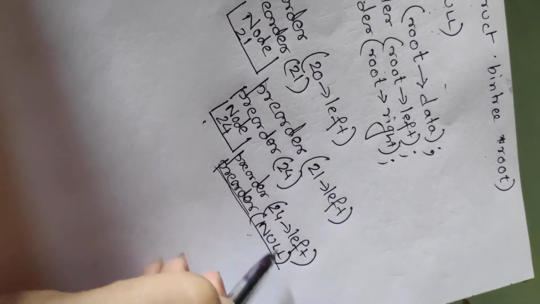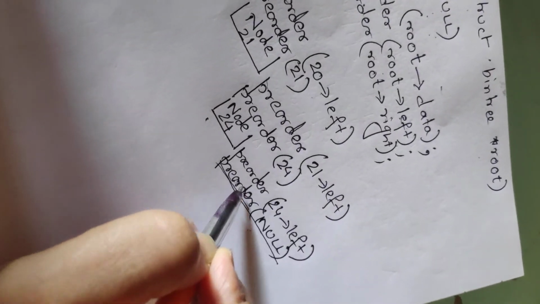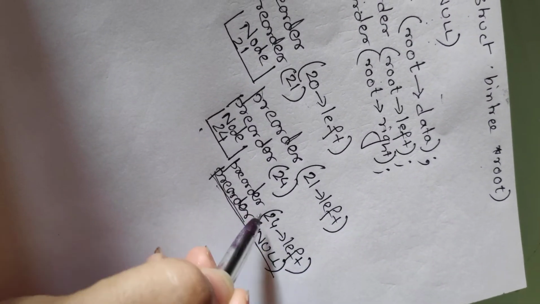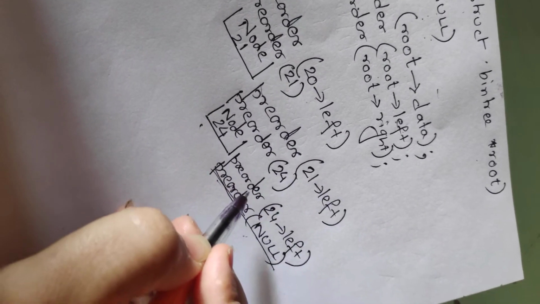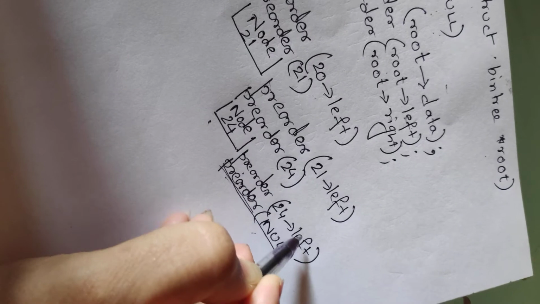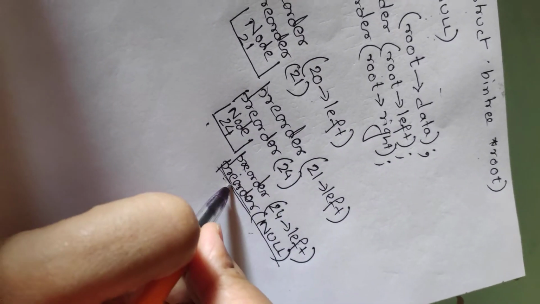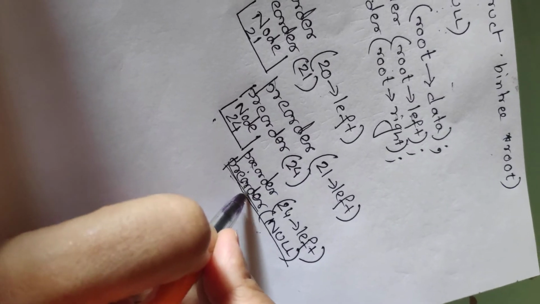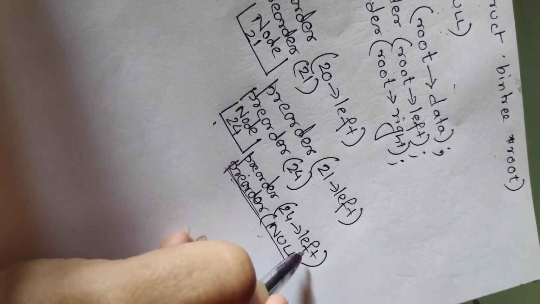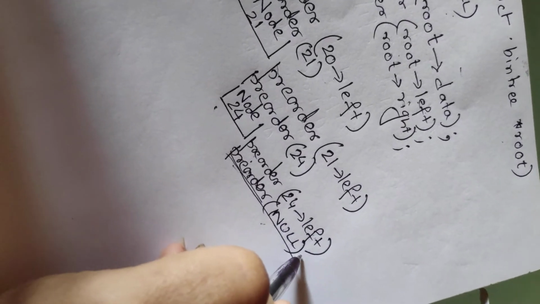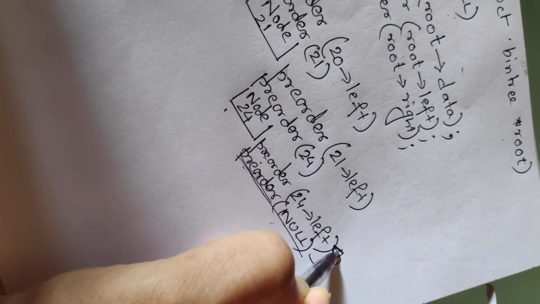Right? Now from which point have you called this preorder null? From preorder 24 left. When you called preorder 24 left, you had actually given a call to preorder null. So when the working of this preorder null is done, it will go back to this point in your program.